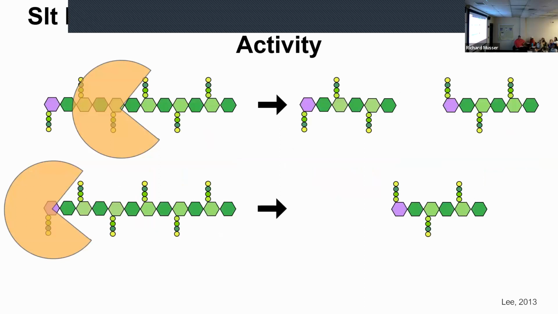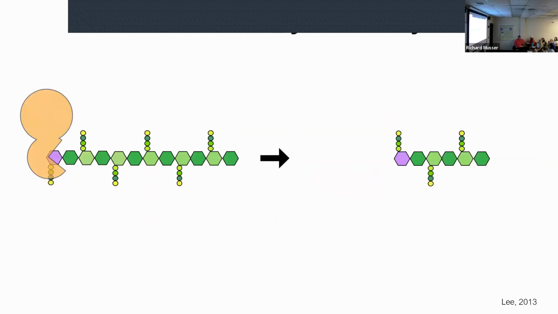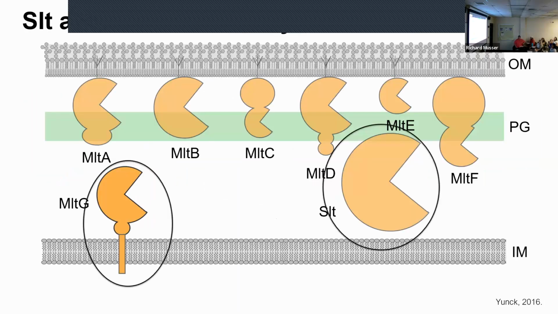Slt has primarily exolytic activity, but it has some weak endolytic activity, while MltF has exclusively exolytic activity. It can only chew from the end. So our 3 have now become 2, and we're starting to lean a little more towards MltG because it has primarily endolytic activity, whereas Slt has primarily exolytic.